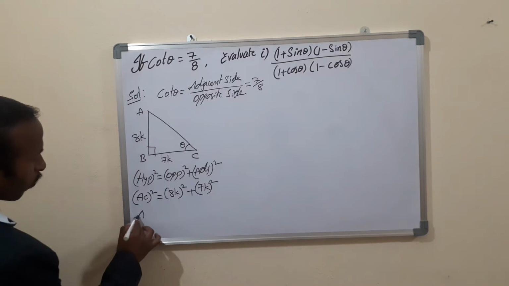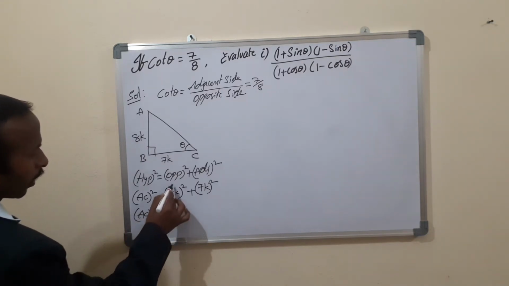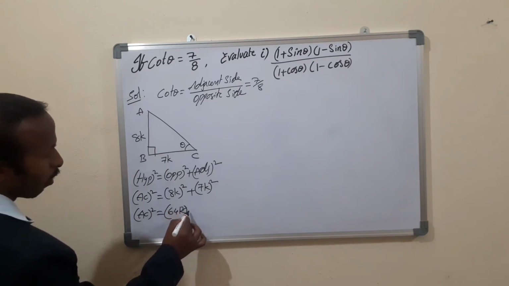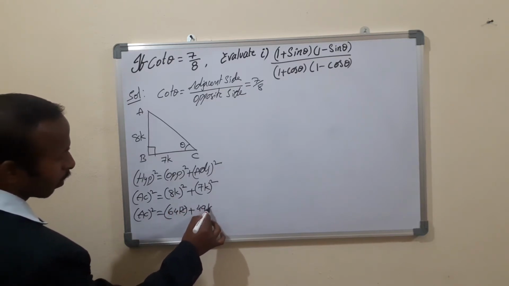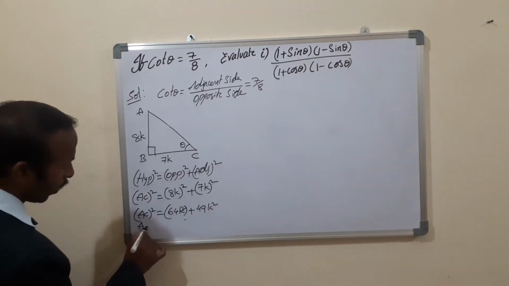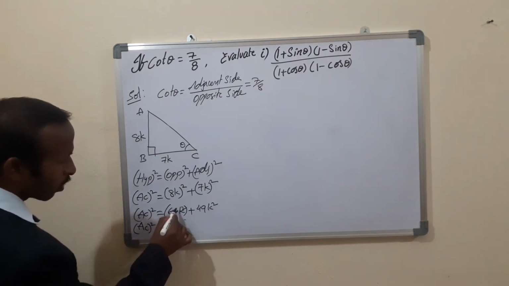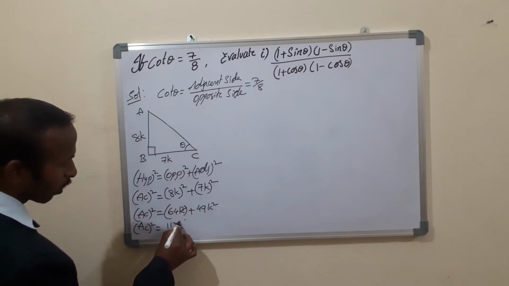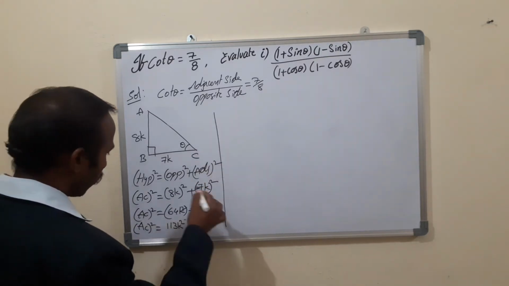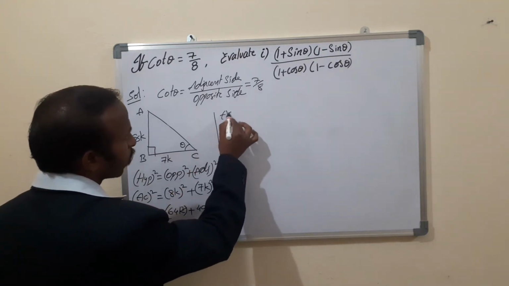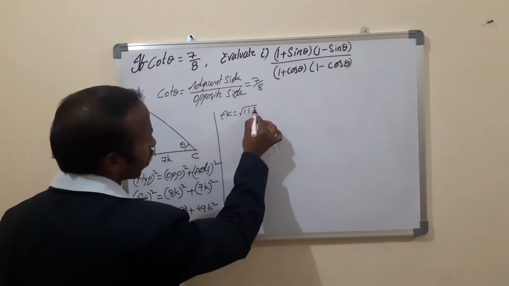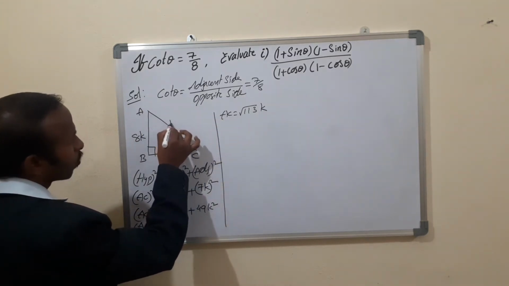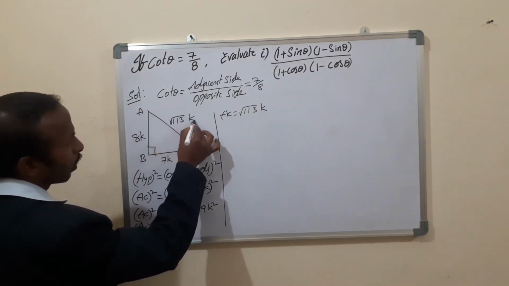Now AC whole square equals 64k square plus 49k square. Now AC square equals 64k square plus 49k square, which is 113k square. Now see here, AC equals square root of 113k. Now see here, the value of AC is almost square root of 113k.